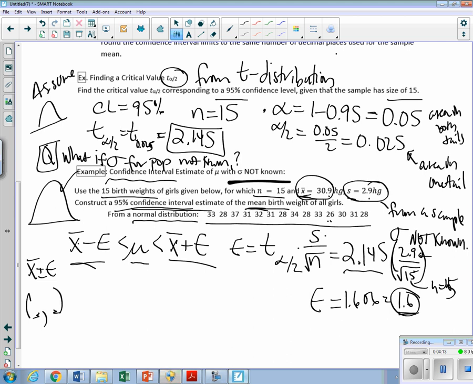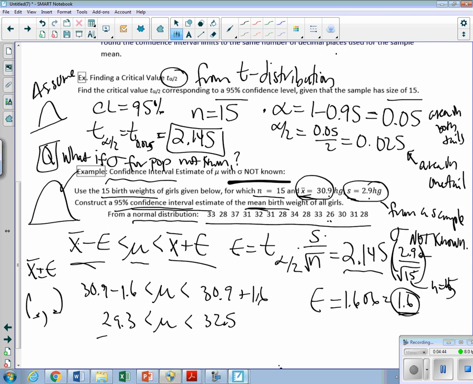So if we plug in, we're doing the mean of 30.9 minus the 1.6, and that gives us our low value of 29.3, and our maximum value of 30.9 plus the 1.6, or in other words, 32.5.